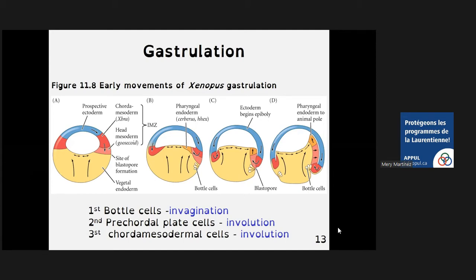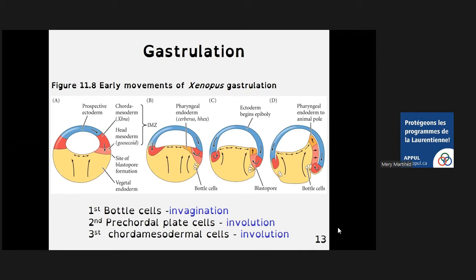As the first cells pass into the interior of the embryo, as we're going to see right here, the dorsal blastopore lip becomes composed of cells that involute, and that's the rolling over of the cells. Okay, so they start involuting, and this is going to form what we call the precordal plate.